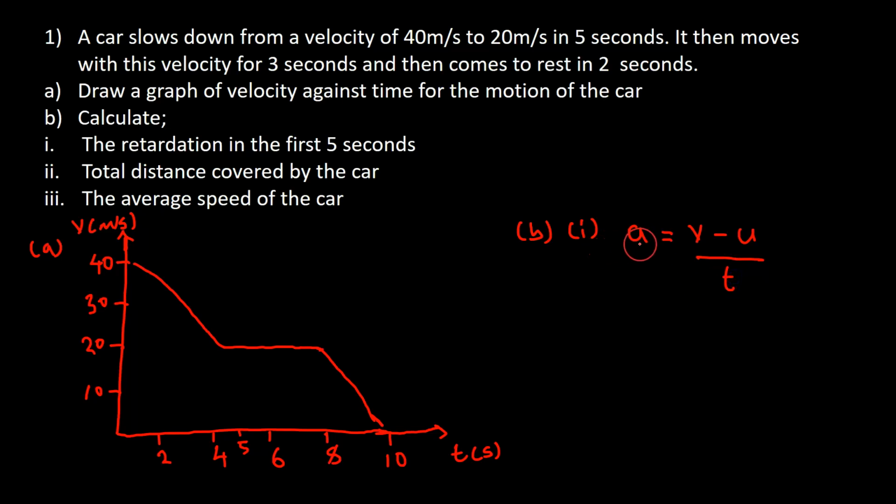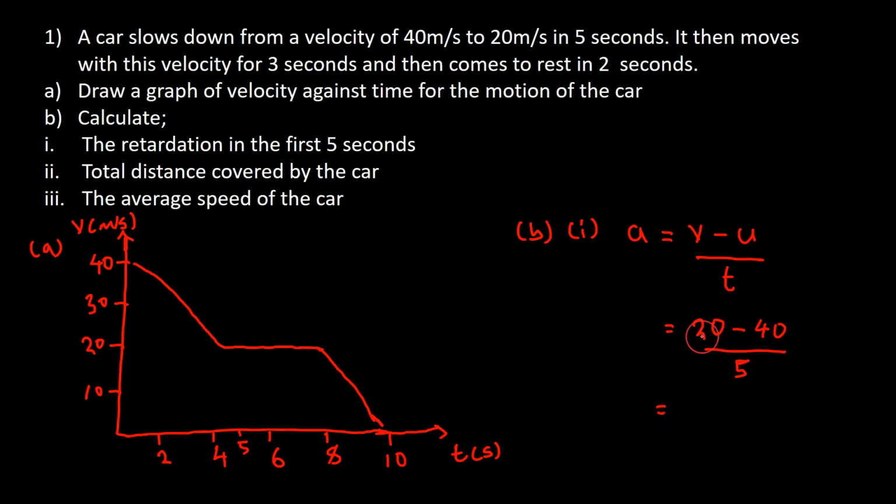So we can still use the same formula for acceleration, which is a equals v minus u over t. So final velocity minus initial velocity over time. Here, since the car is already in motion, our final velocity will be 20, and then our initial velocity will be 40, over the time, which is 5.